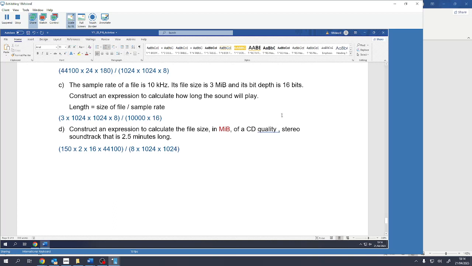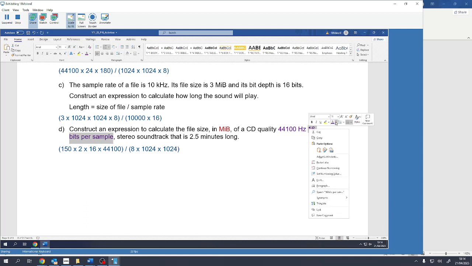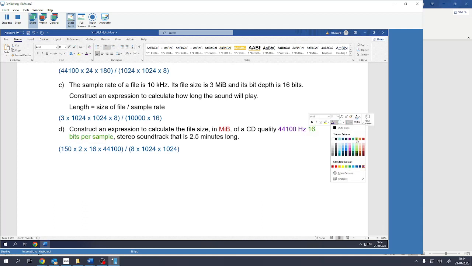So CD quality is 44.1 kilohertz. I can't remember what color I used. Doesn't really matter. Let's go purple. At 16 bits per sample. So that's what we mean by CD quality.